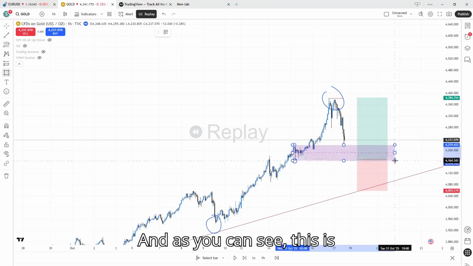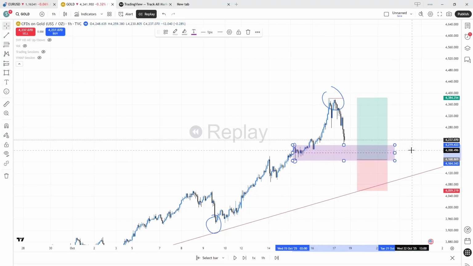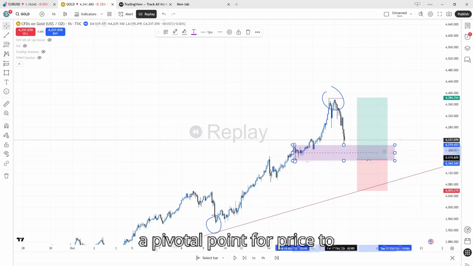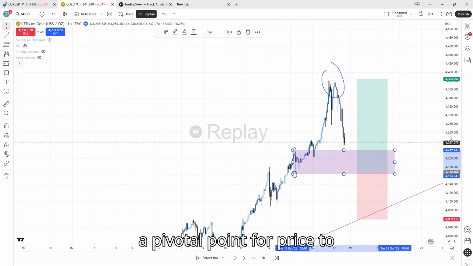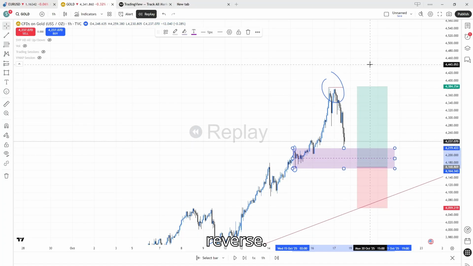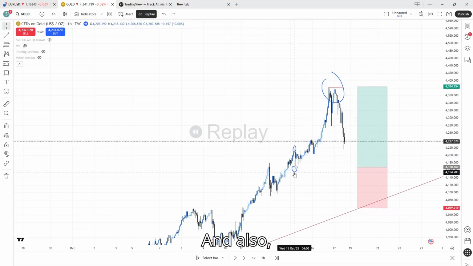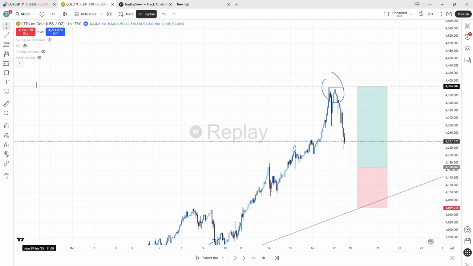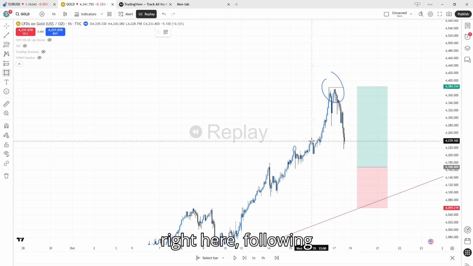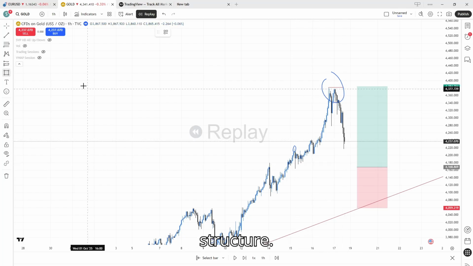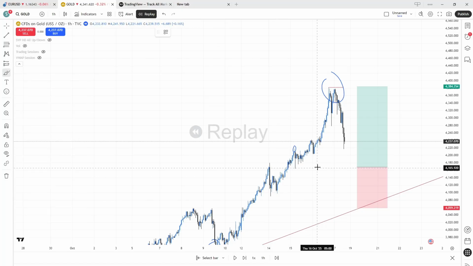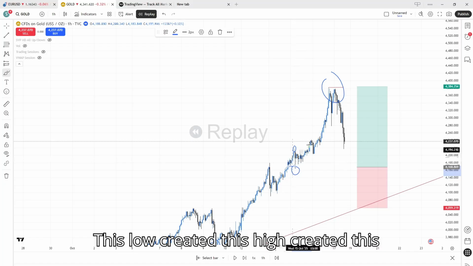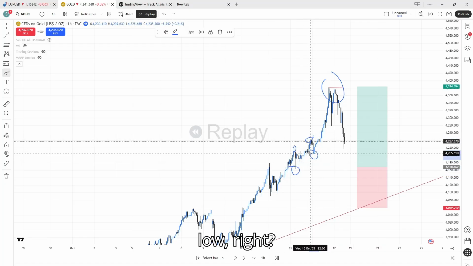And as you can see, this is also, right, a pivotal point for price to reverse. Correct? And also right here, following structure. This low created this high, created this low, right?